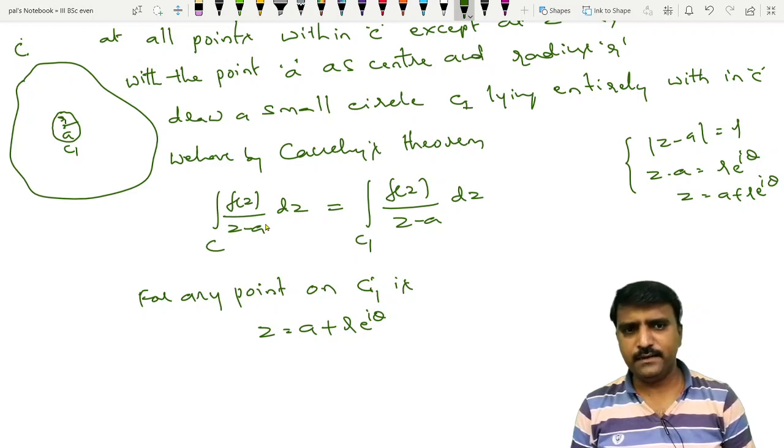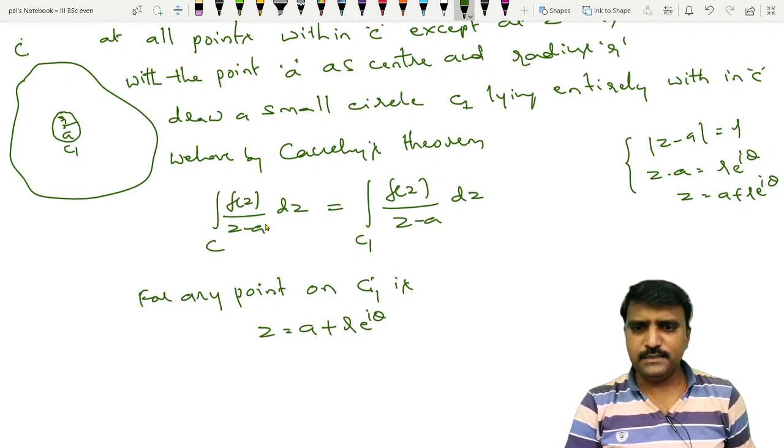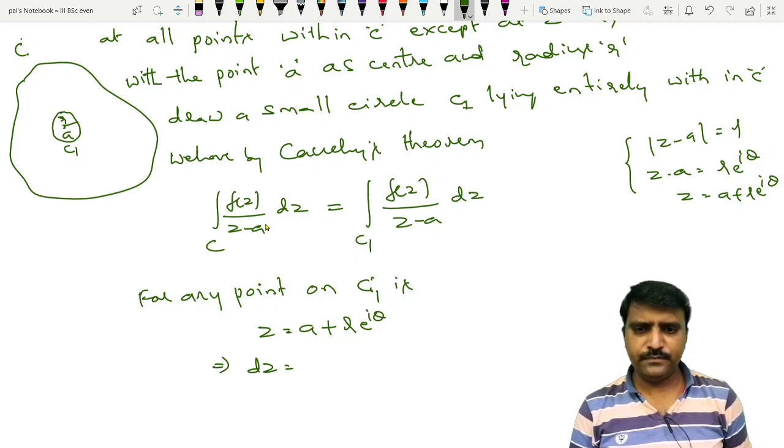I give the reason here why we have to write like this. And what about dz? Dz, which implies that dz is equal to, differentiation with respect to theta: a is a constant, r into the differentiation of e power i theta is e power i theta into i d theta.